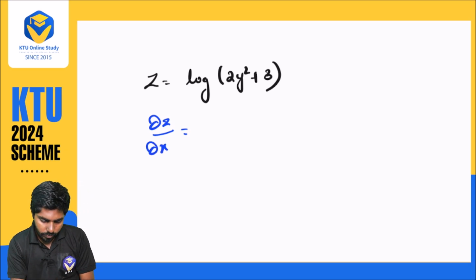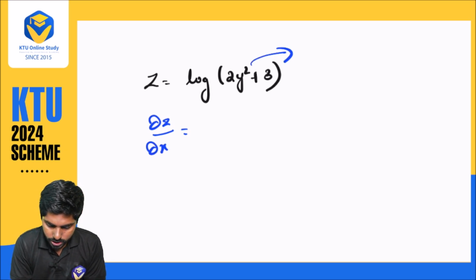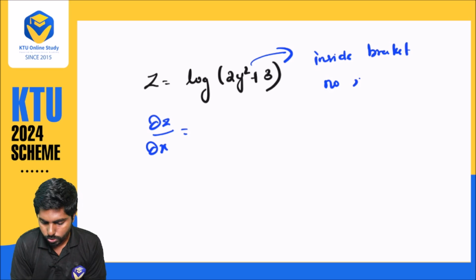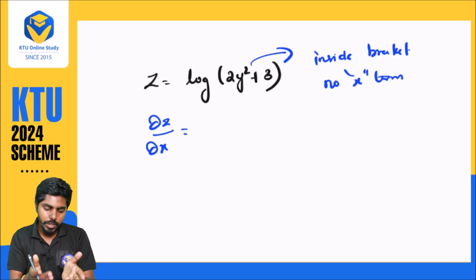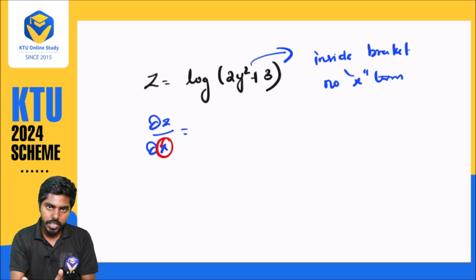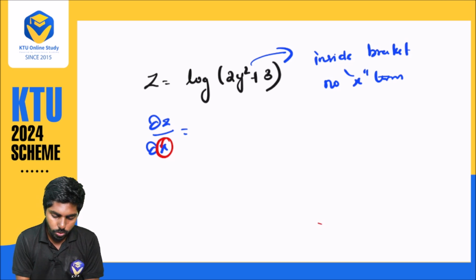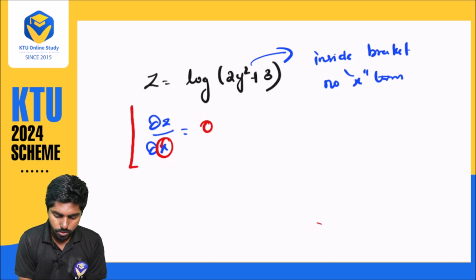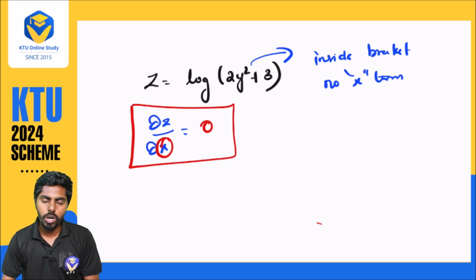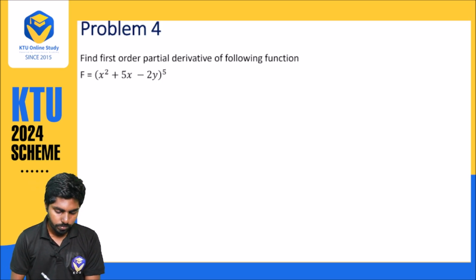You just see the bracket: inside the bracket no x term is present. Automatically, since I am doing the partial derivative with respect to x but no x term is there inside the bracket, I can write 0. So this is the thing. Okay, so we will move on to problem number 4.